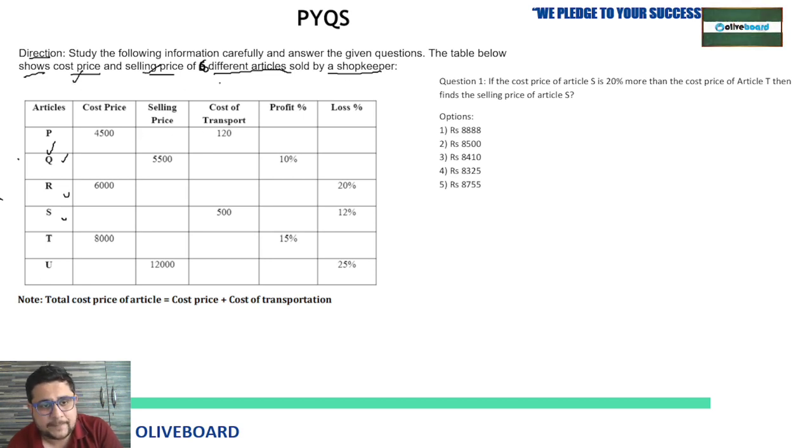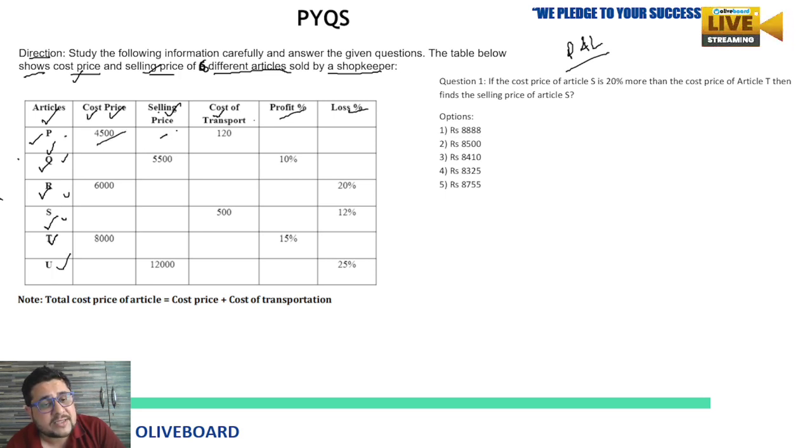As you can see, some of the data is missing and some is given. The table has cost price, selling price, cost of transport, profit percent and loss percent, so you must have an idea about profit and loss, then only you can solve this. Article P has a cost price of 4,500, its selling price is missing, and the cost of transport is also given.